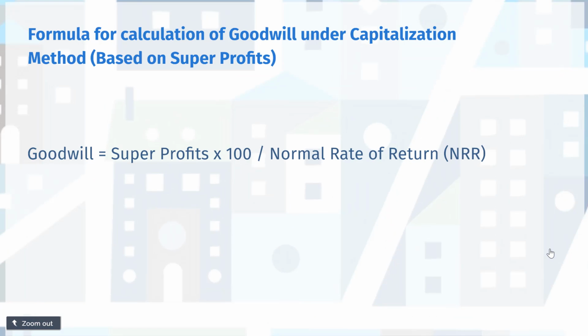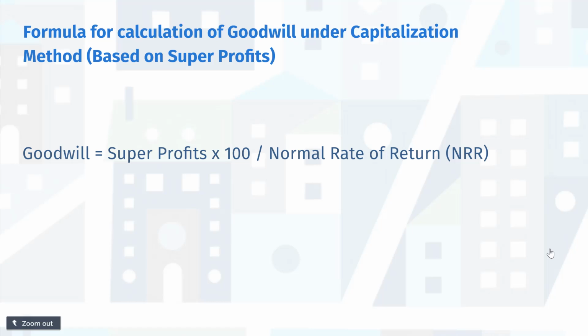And finally, the goodwill calculation under capitalization of super profits method. Goodwill is equal to super profits into 100 divided by normal rate of return.